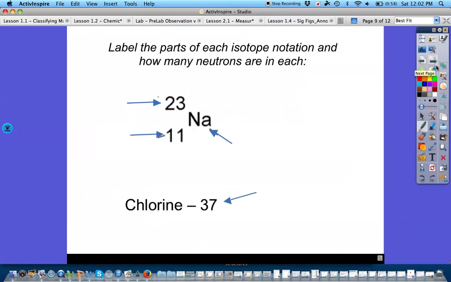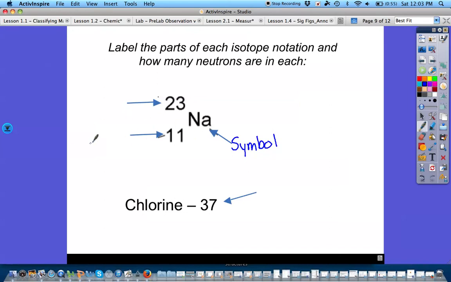So there's two different isotope notations, and this allows us to know how many neutrons are in each atom. The first one has the symbol of the element. If you take a look at your periodic table and find Na for sodium, you'll find that the atomic number is 11.